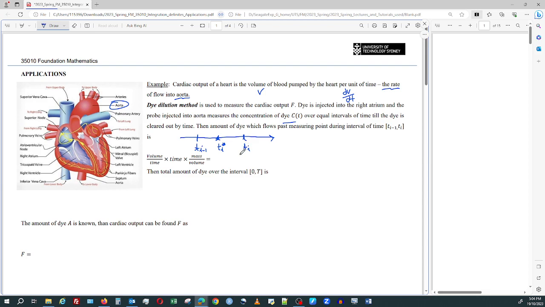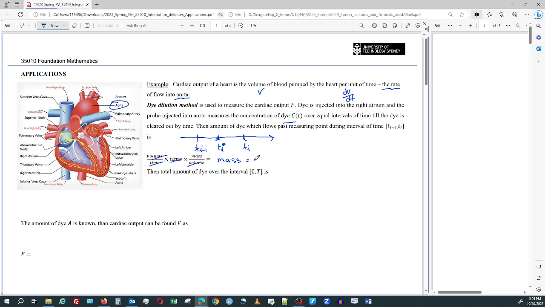All right, so the volume times dV/dt times time times the mass per volume. We get some cancellations here. The volumes are cancelling, that's 1 in disguise. The times cancel, that's 1 in disguise. And so all we're left with, when we put these together, is the mass.